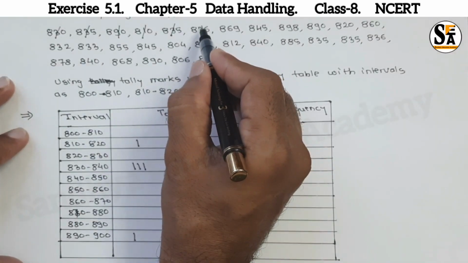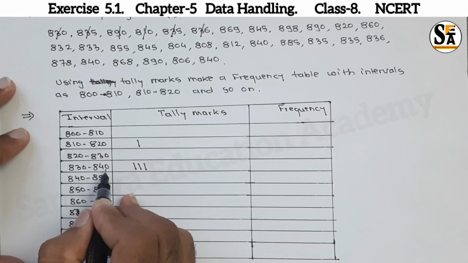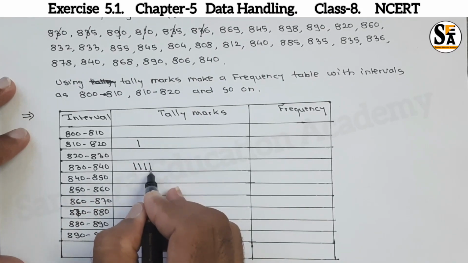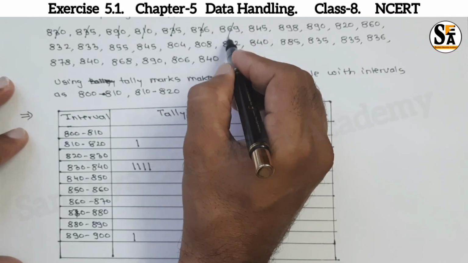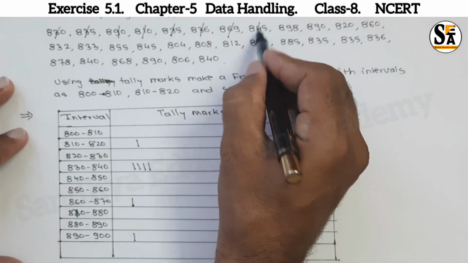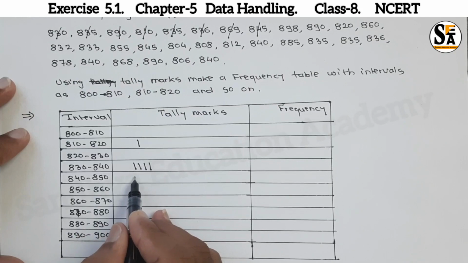Then next 836: first strike and then 836 will lie in this group, 830 to 840, make the entry here. 869 will lie in this group. 845 will lie here.